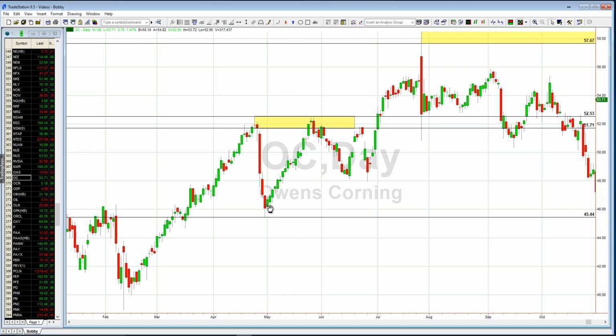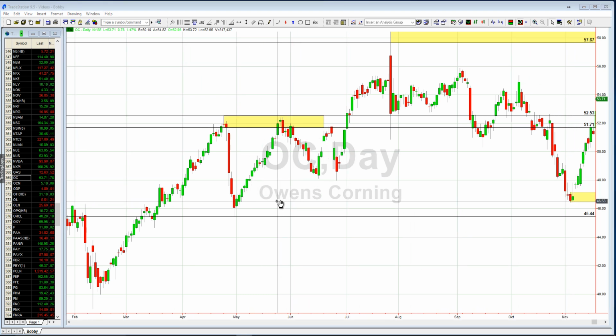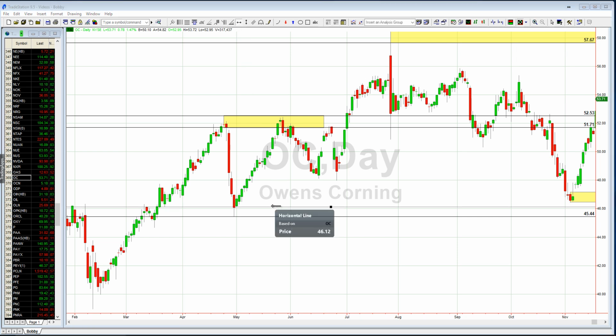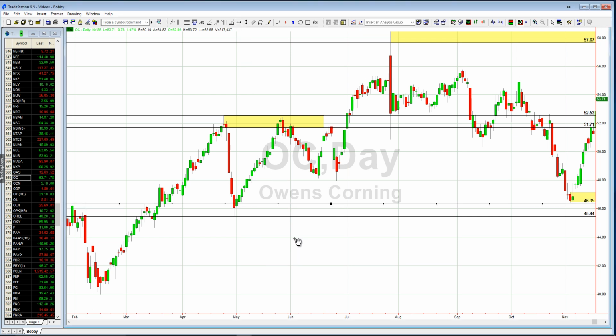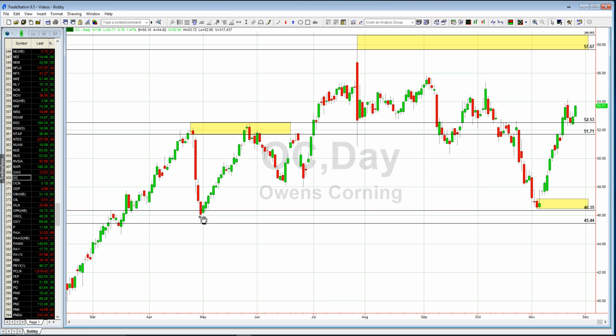Even though price didn't move up out of here all that fast, I would still plot this one as a demand zone, because price moved down into that and it abruptly stopped.